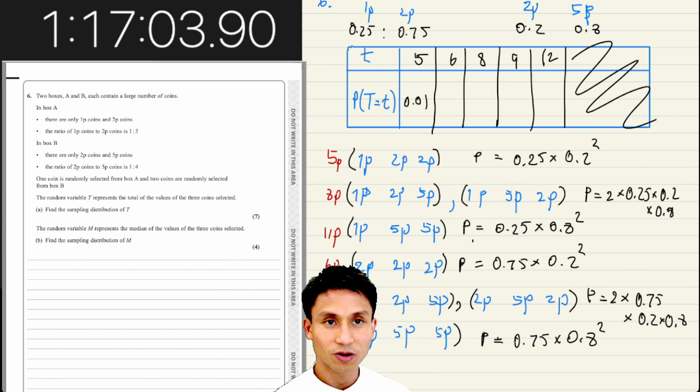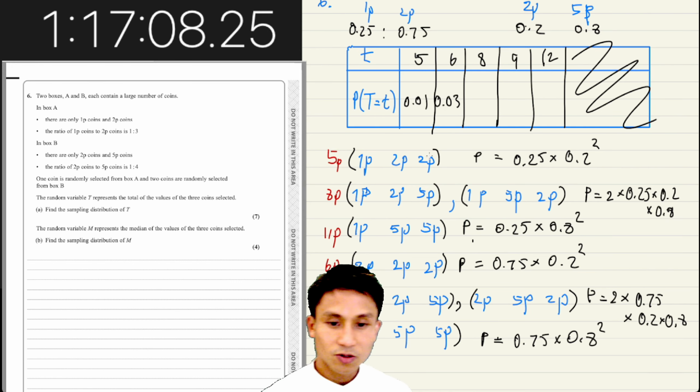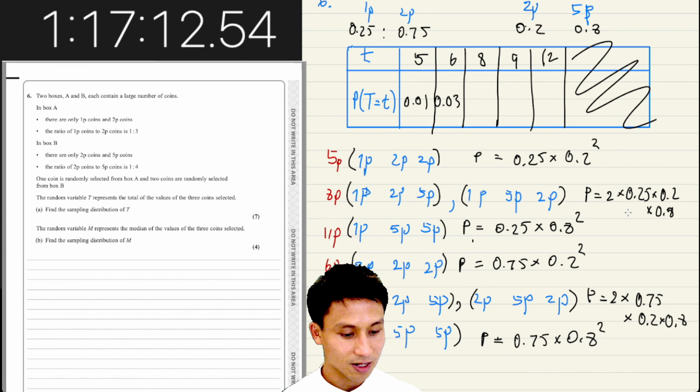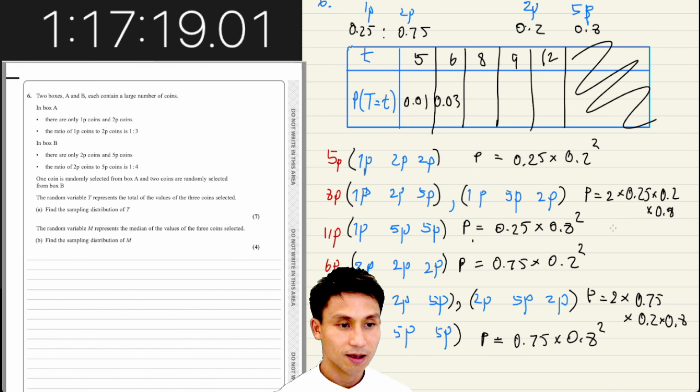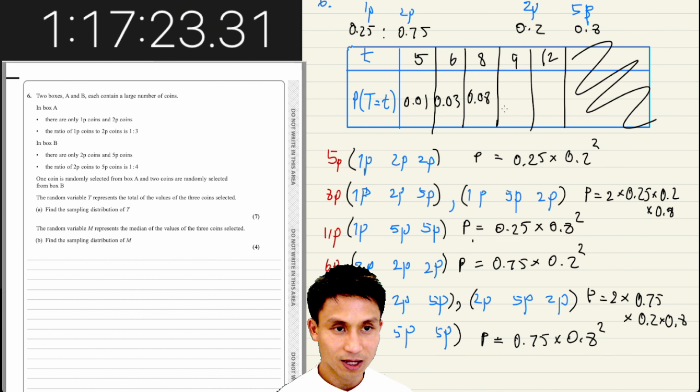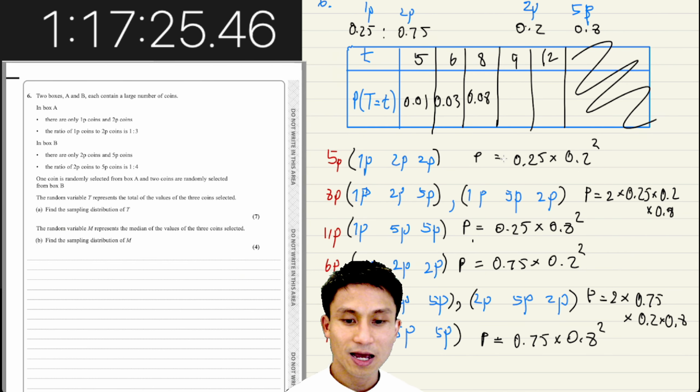That would be 0.03, right? Okay, so 8 pence would be this guy right here, second line, 2 times 0.25 times 0.2 times 0.8, and that would be 0.08.